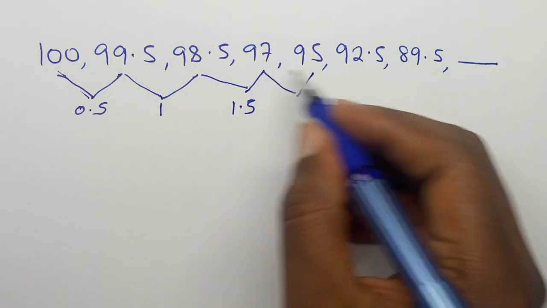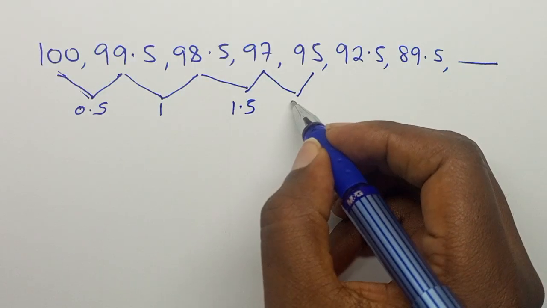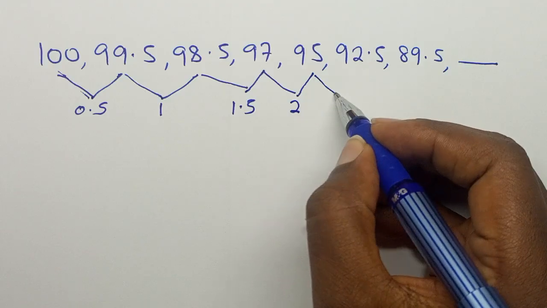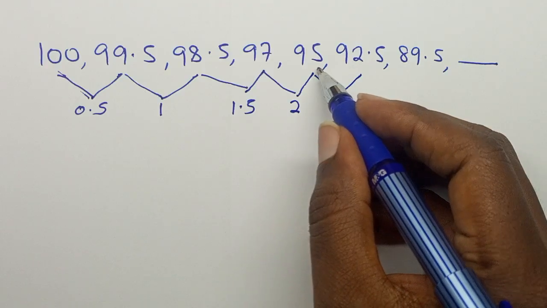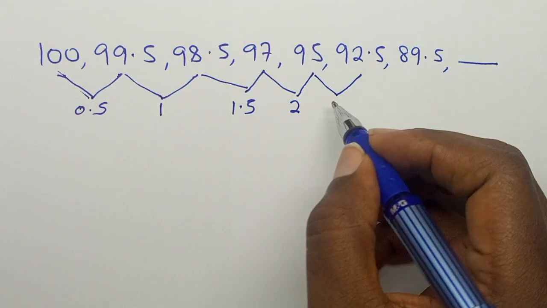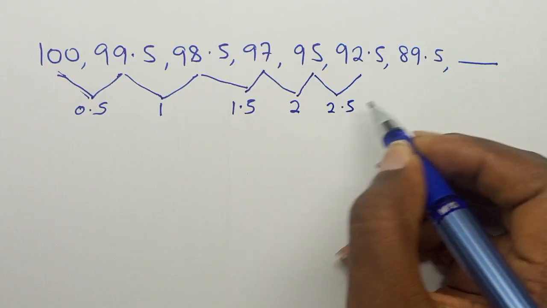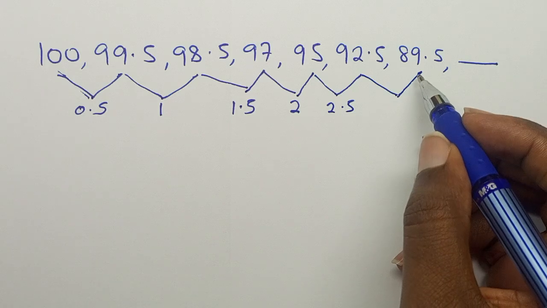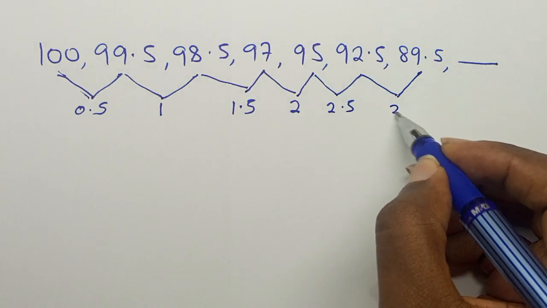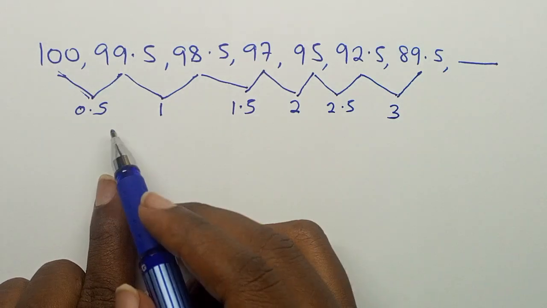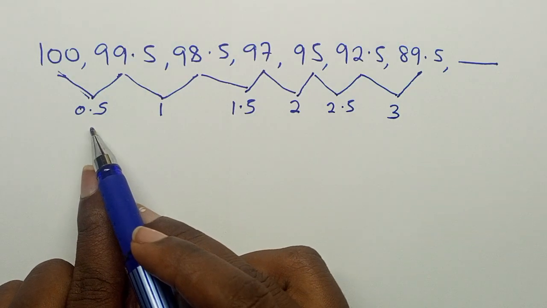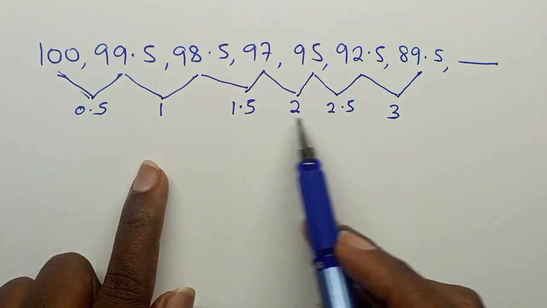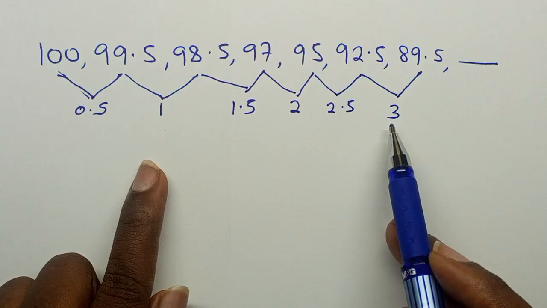97 minus 95 is 2. 95 minus 92.5 is 2.5. And here, 92.5 minus 89.5 is 3. Now let's study this pattern. Here we have 0.5, 1, 1.5, 2, 2.5, 3.